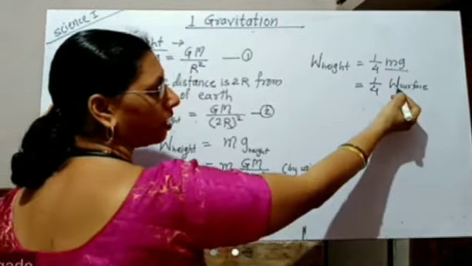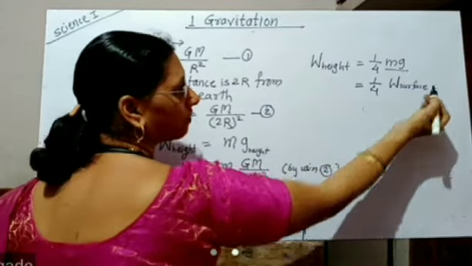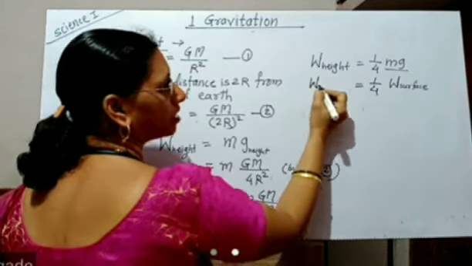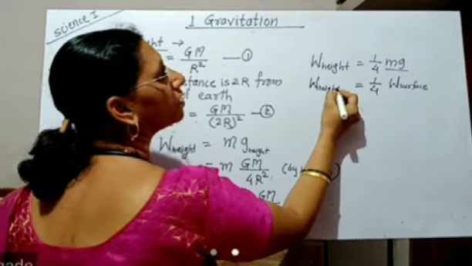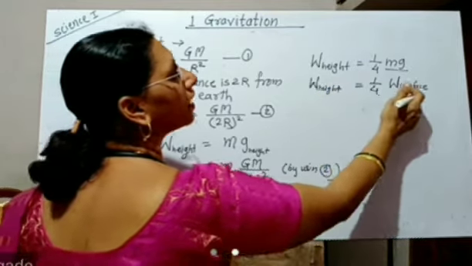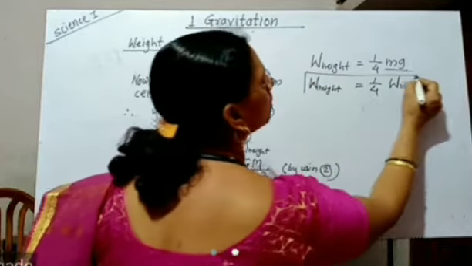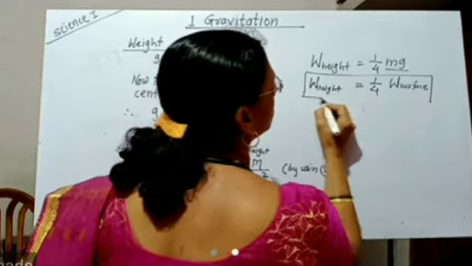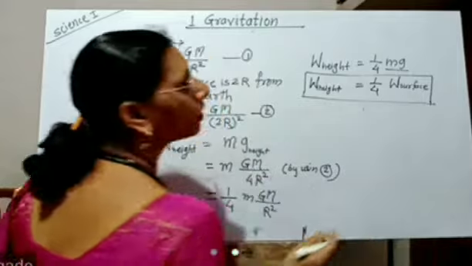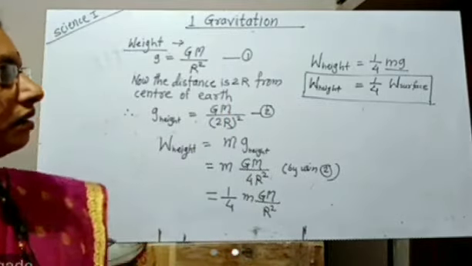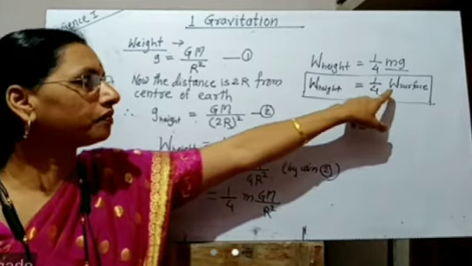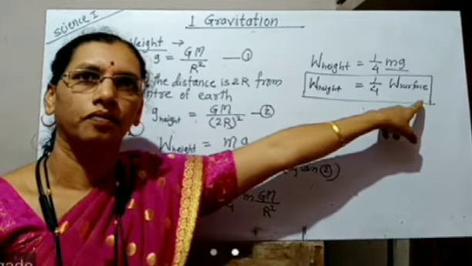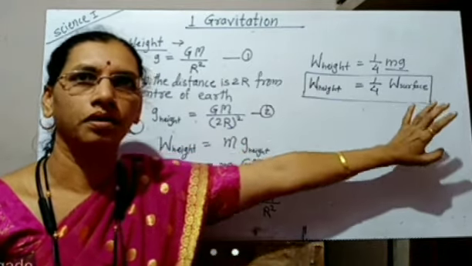Therefore the answer is that weight at the height is 1/4 that of the weight on the surface. So if you are on a tall ladder, then the weight will be 1/4 that of the weight on the surface of the earth.